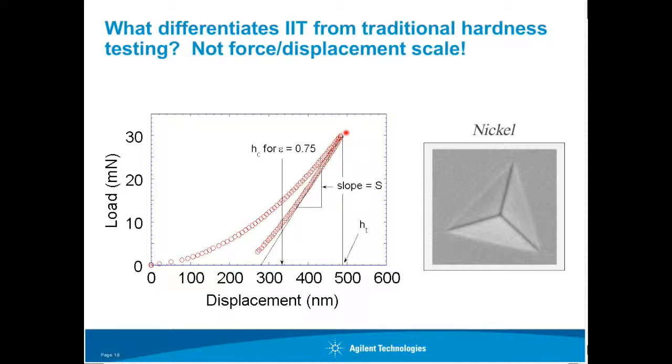All of the benefits that we associate with instrumented indentation come from that continuous monitoring. You'll have to be patient until we get to it in the next couple of sessions, but I'll tell you right now that there are two major benefits.